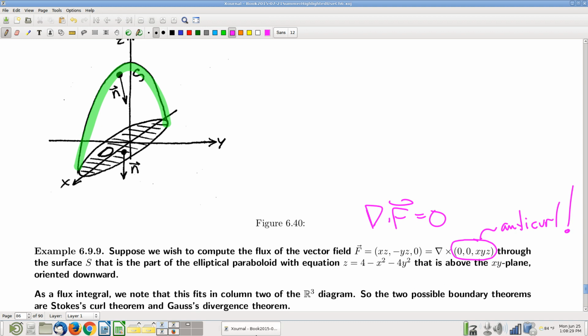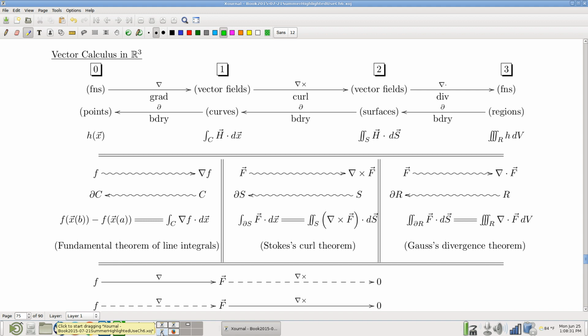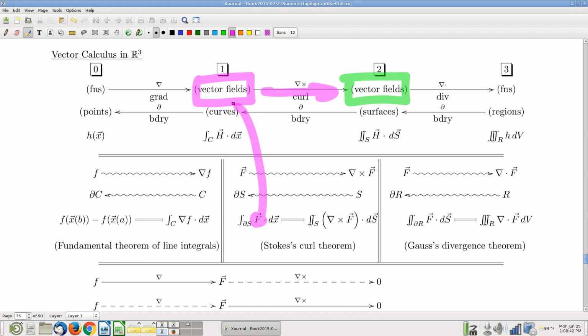So going back to the diagram here, the vector field was given to be the curl of this thing. That's the vector field that I can use in Stokes' curl theorem.